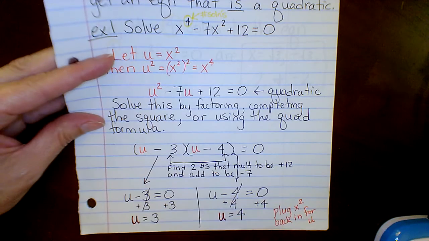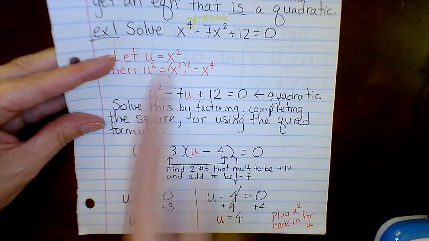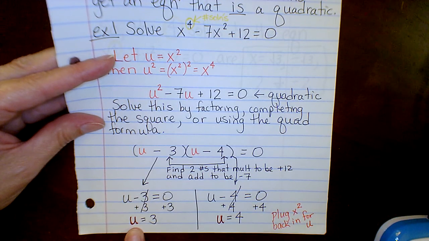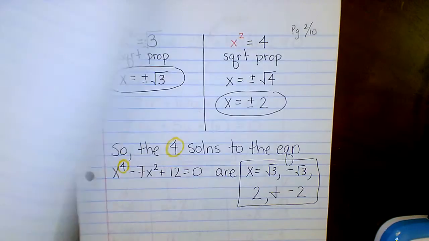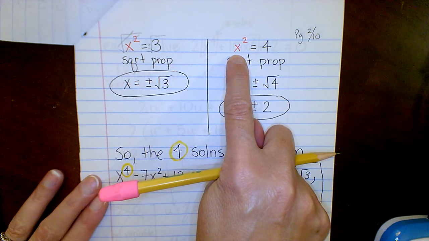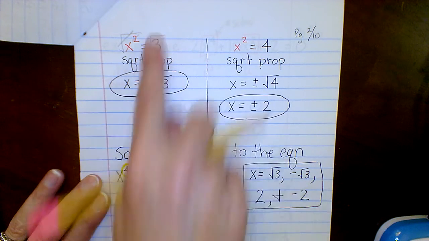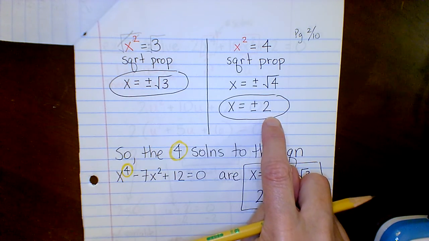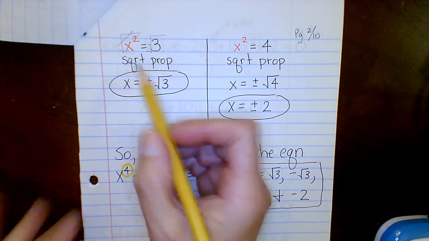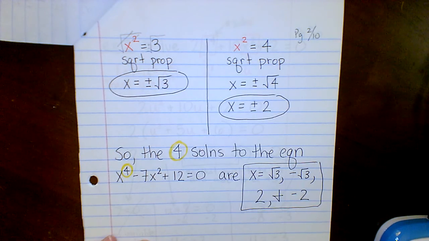Once I get that solved, I'm going to have to resubstitute back in for my original variable. So once I get those u answers, I will have to plug back in the thing I substituted for u, and then solve again. And in this case, the thing that I had to solve was yet another quadratic. Sometimes when you do this, it may result in something messier.